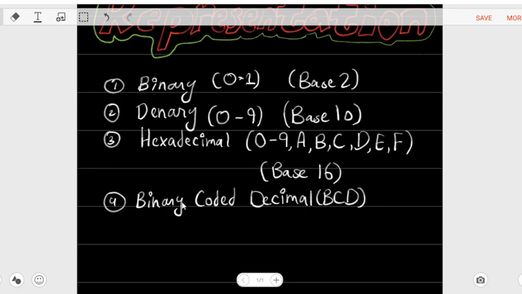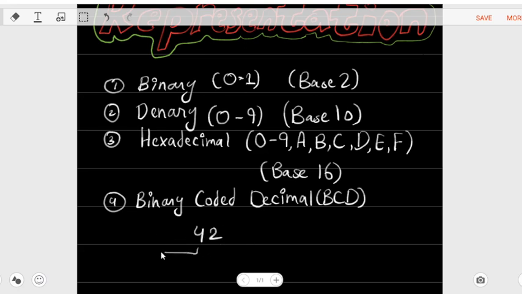Binary coded decimal is a very special type of number system. It only has 0 till 9 numbers, but what we do with binary coded decimal is, let's say I had to represent 42.